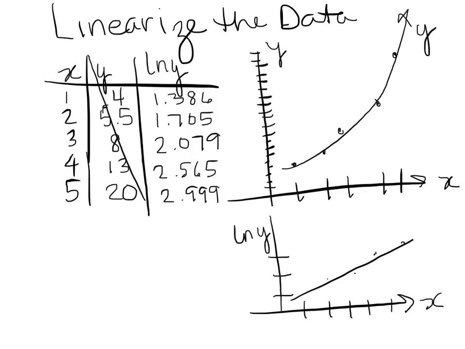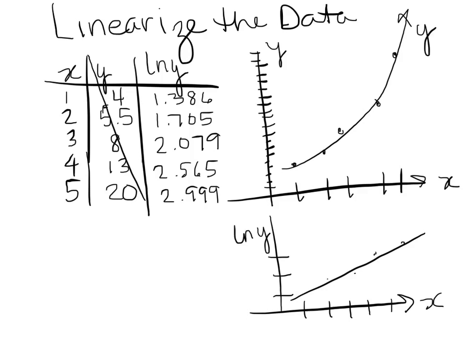And you look at those and say, oh yeah, that sure does look like a line. So I took the natural log of the y values, plotted natural log of y versus the x values, and now it looks like a straight line. So you can see there's exponential growth for sure. It really does linearize with the natural log.